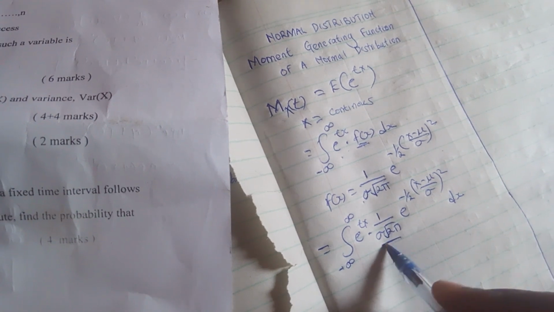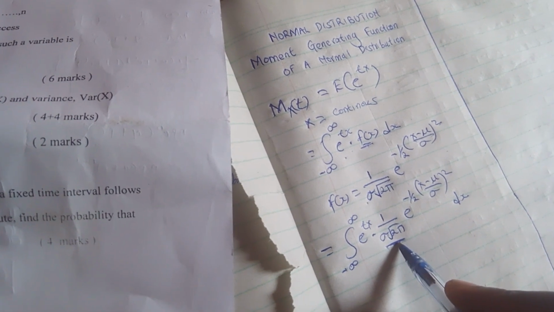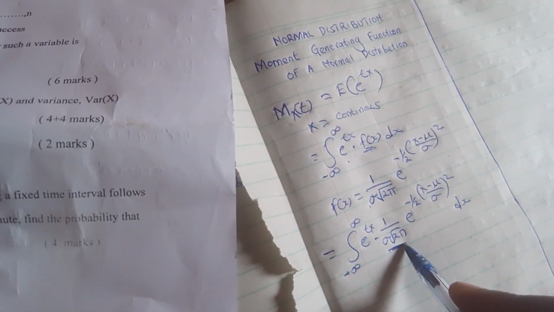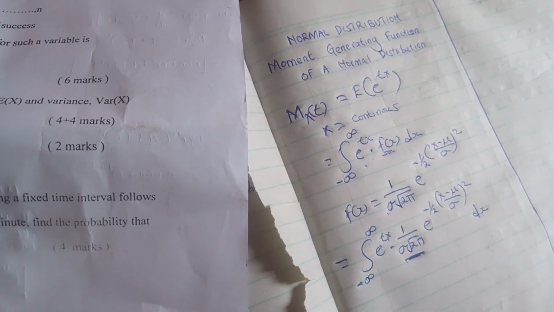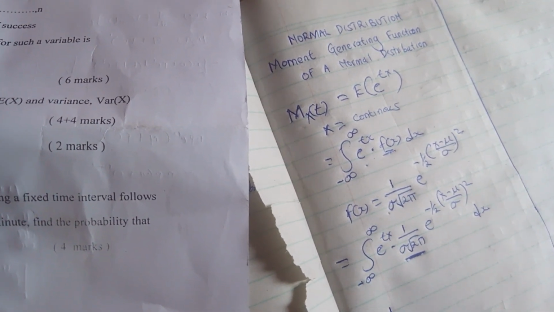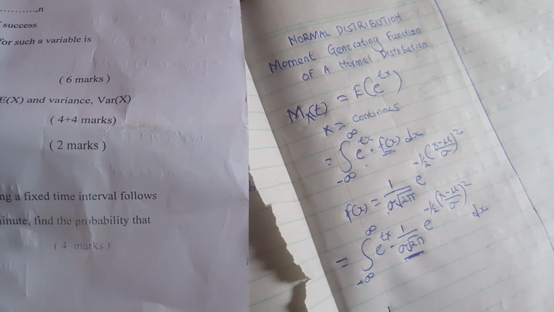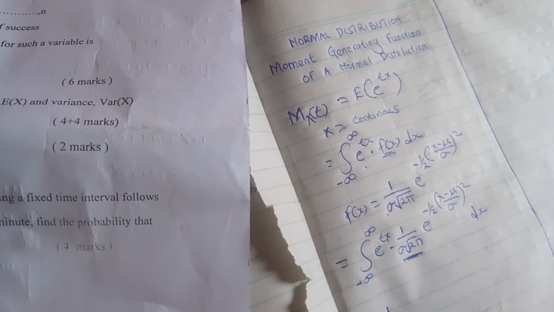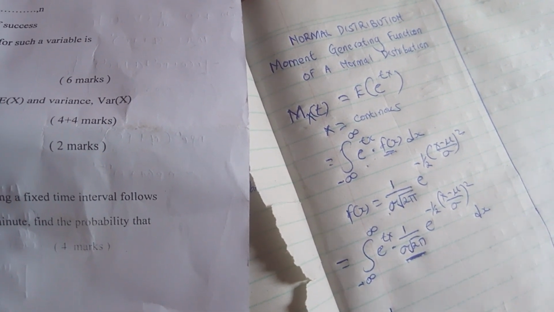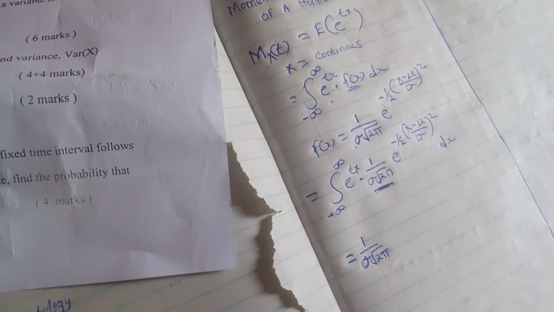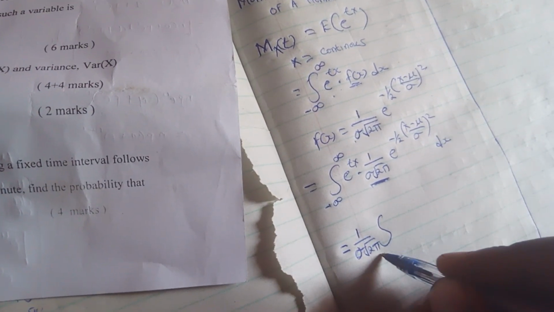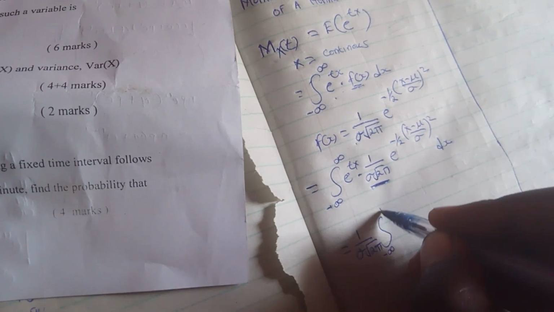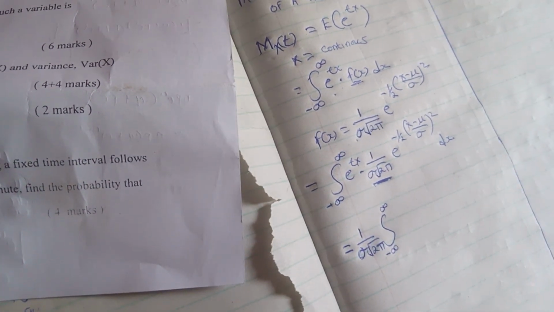As you can see, this one is our first constant. So let us move this one out as our constant first. So this is going to be 1 over sigma root 2 pi, then the integral from negative infinity to positive infinity.